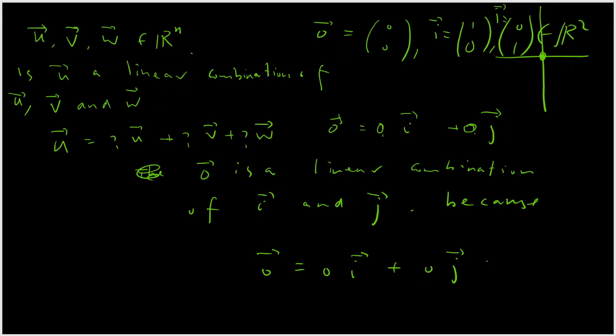Is it possible to write u as a number times u plus another number times v plus another number times w? So please, try to write something down. I'm looking for 3 numbers. As long as you can find 3 numbers satisfying the equation, then the answer is yes.